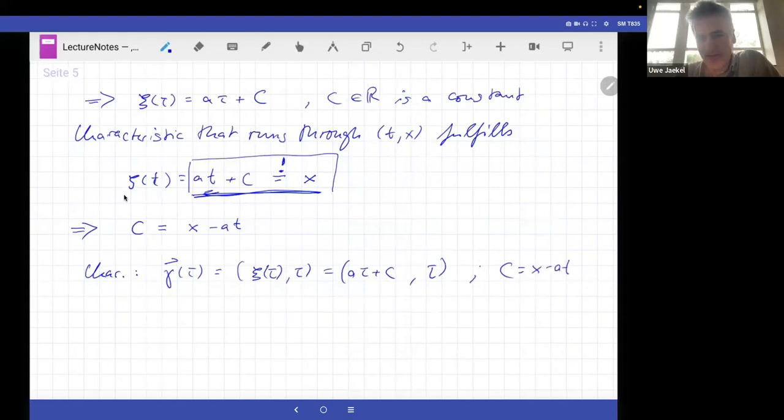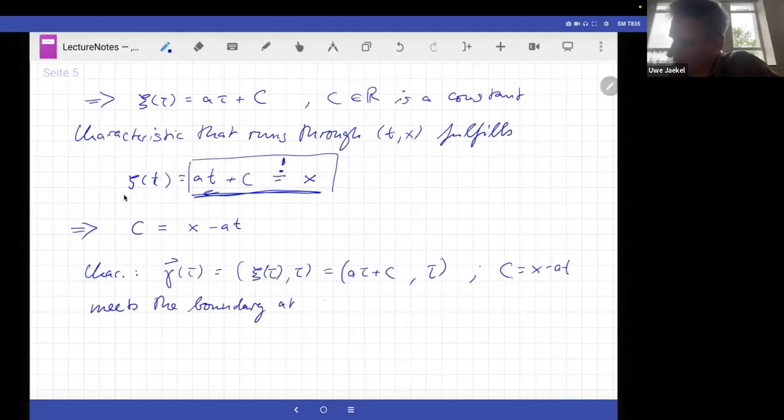And we know c equals x minus at. Where does this characteristic meet the boundary? It meets the boundary at position x prime equals a times 0 plus c. So we know the constant, which is x minus at.